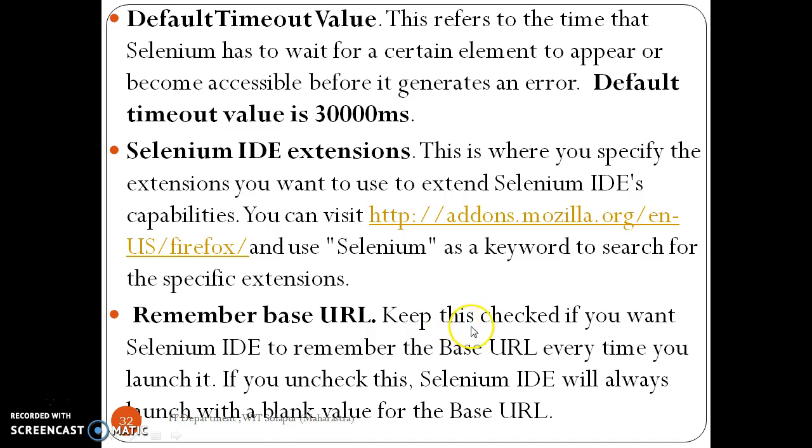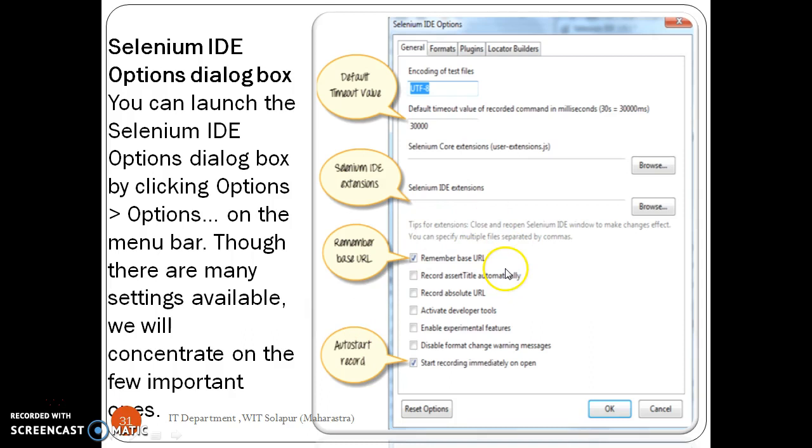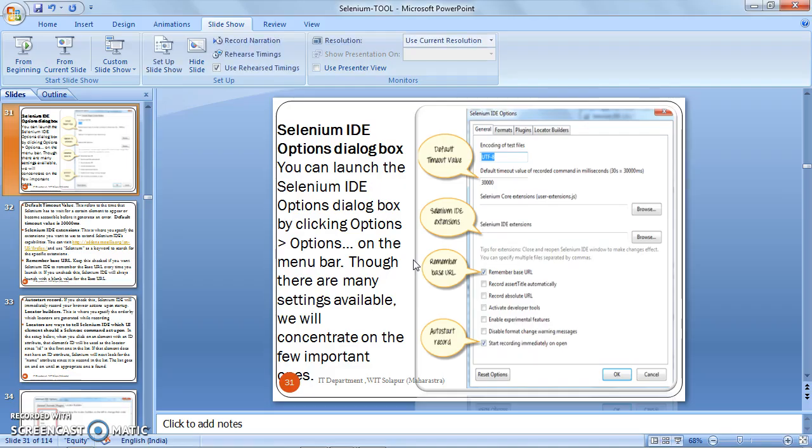Keep this checked if you want Selenium IDE to remember the base URL every time you launch it. If you uncheck this, Selenium IDE will always launch with a blank value for the base URL.